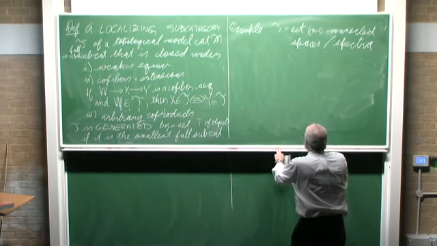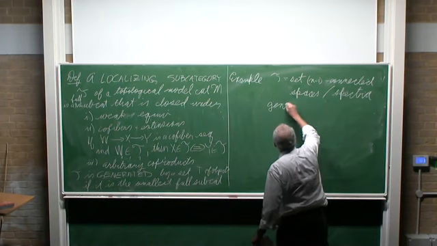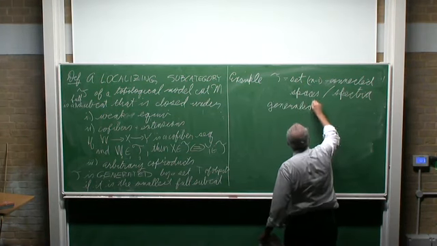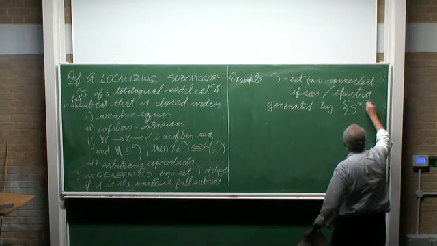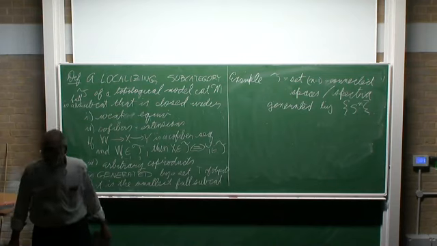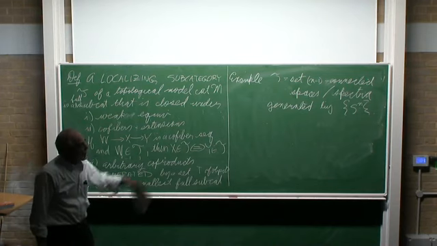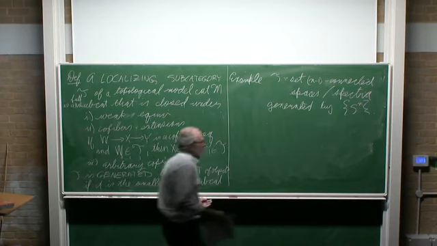Now, in this example here, this is generated by the set with one object, the n sphere. Every n minus one connected space or spectrum can be formed from the n sphere by doing these things.